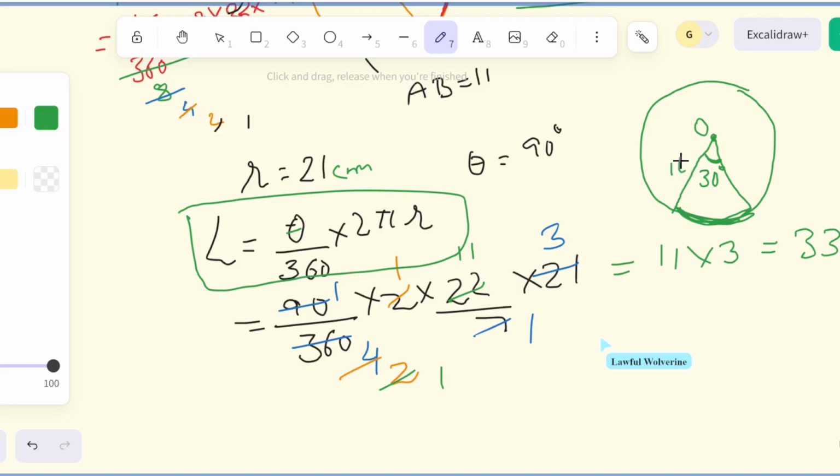If the radius is given as 10, just substitute in the formula and get it. So to find the length of the arc, you should know the radius and the angle which the end points of the arc are forming at the center of the circle. If we know these two things, we can easily find the length of the arc just by inputting the values in the formula. Make sense?